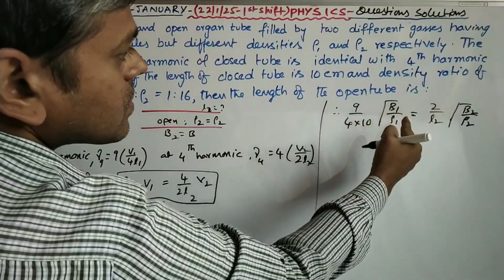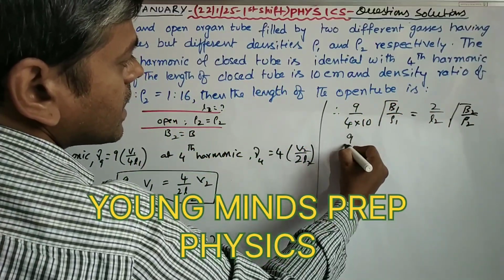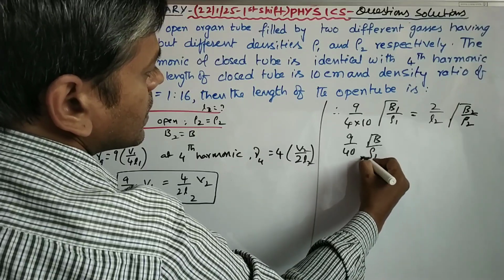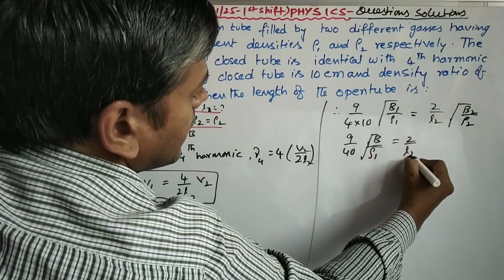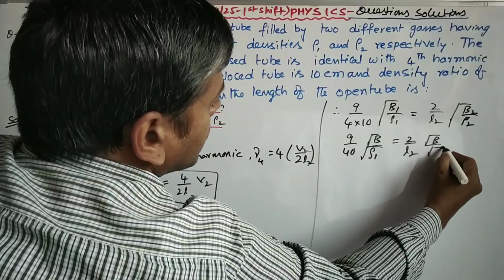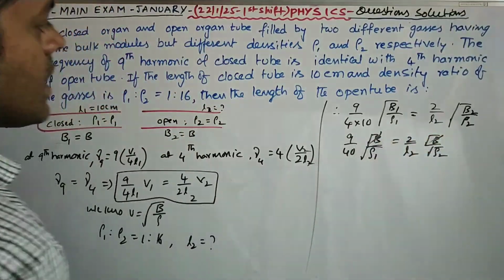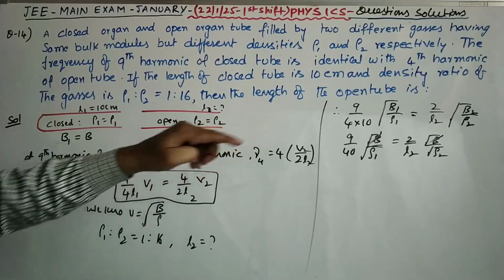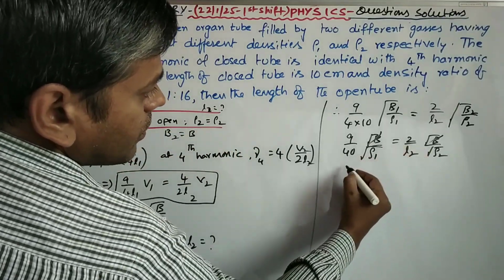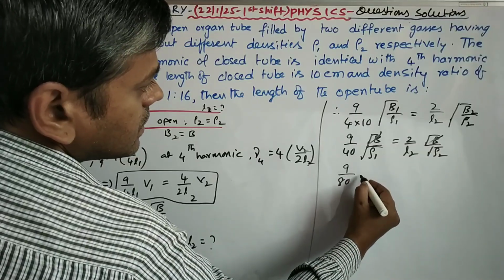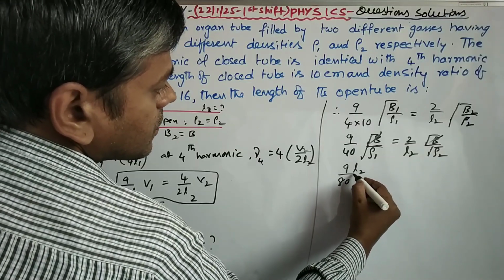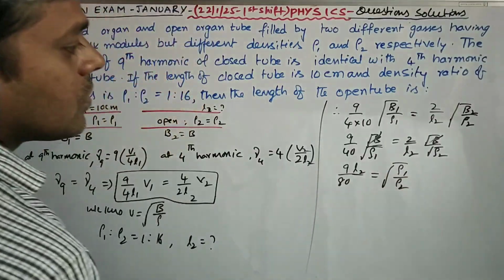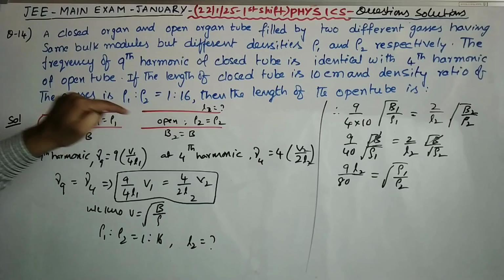But B1 is equal to B, and B2 is also equal to B. That means we may write 9 by 40 into root B by root ρ1 is equal to 2 by L2 into root B by root ρ2. B cancels. Why? Because both gases have the same bulk modulus. So the remaining terms are brought to the other side. 9 by 80 is equal to, L2 goes to the numerator, root over ρ1 by ρ2. ρ1 to ρ2 is given as 1 to 16.